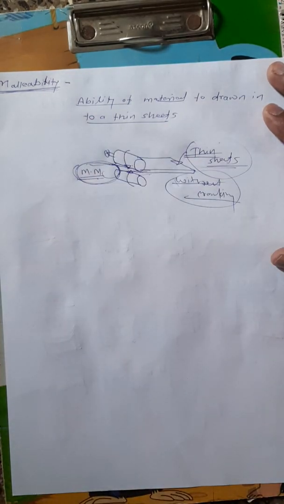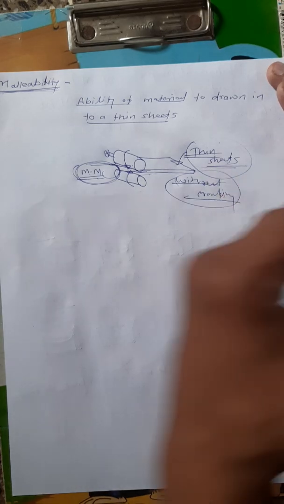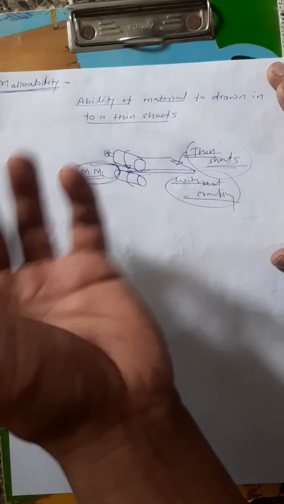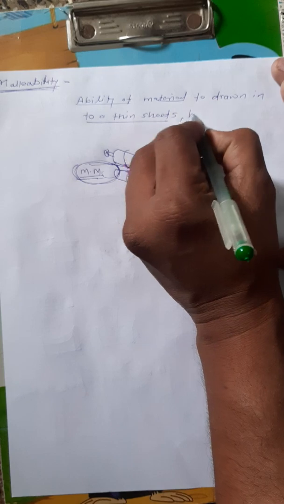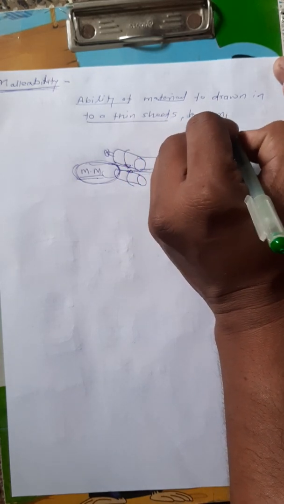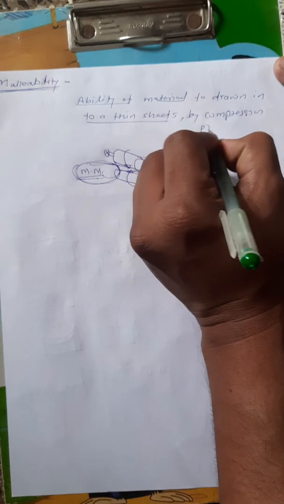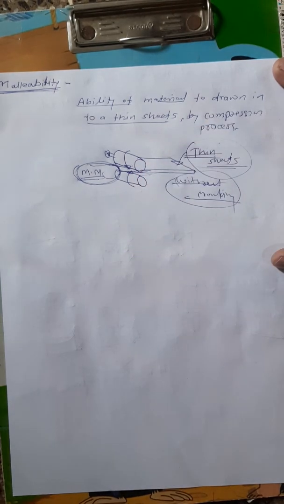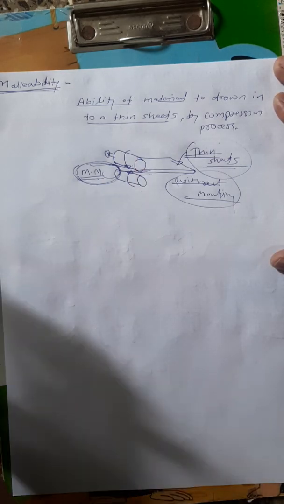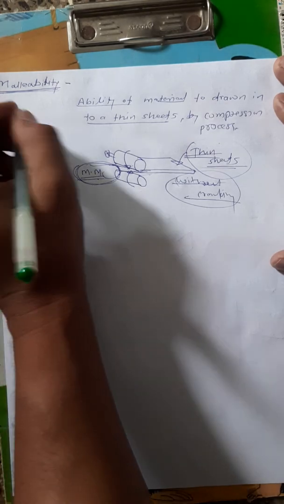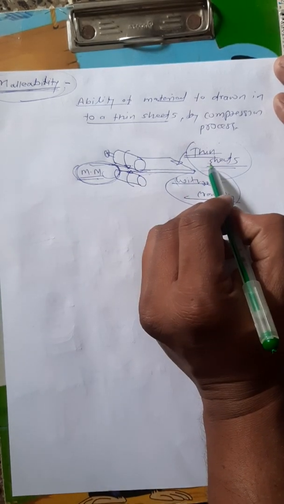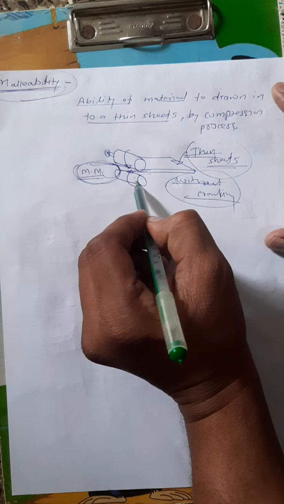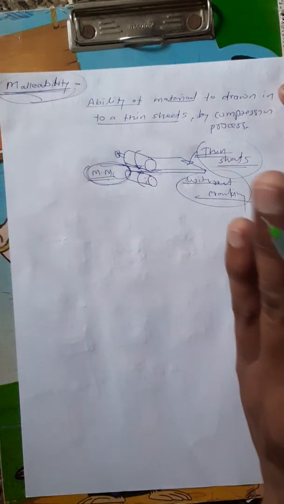This phenomenon is called malleability. So we got thin sheets from the malleable material by the compression process, under the compression action. Under compression, a material having the ability to be drawn into a thin sheet by the rolling process, that phenomenon is called malleability, but without cracking.